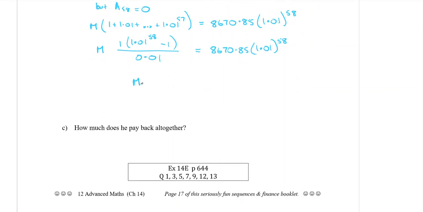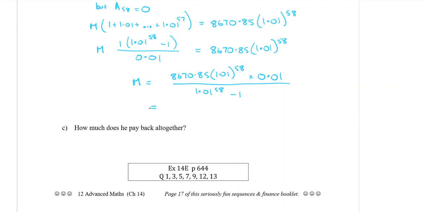Okay, and then to get the m, it's lots of rewriting. I know it's annoying, but you do have to be able to build it. They do require that. So we're going to times the 0.01 up, then we're going to divide by the 1.01 to the power of 58 minus 1.